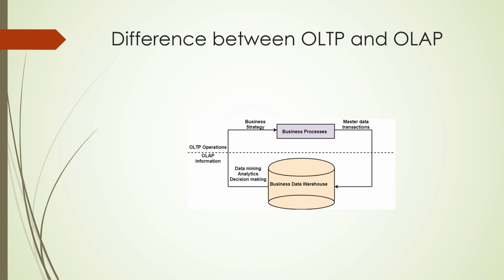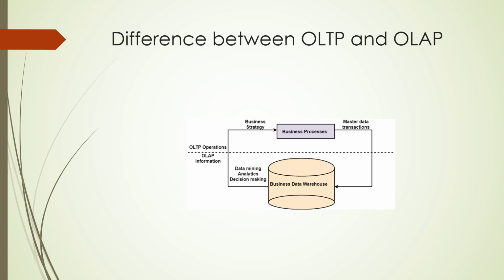So the differences between OLAP and OLTP are, first, users. The OLTP system is designed for office workers, while OLAP systems are designed for decision makers.